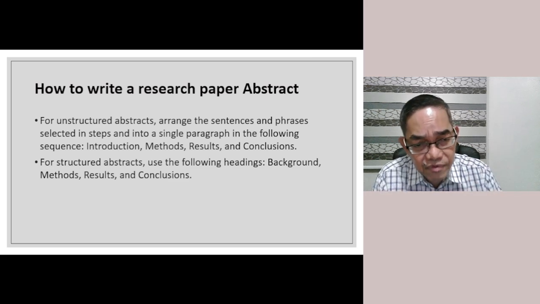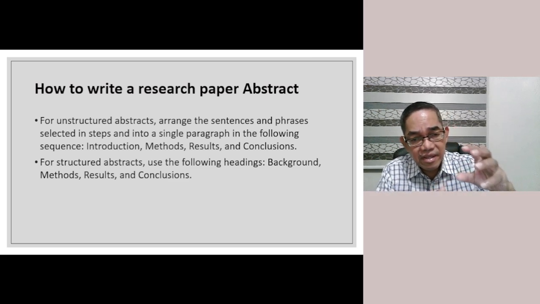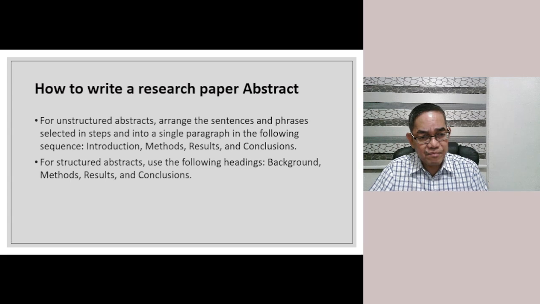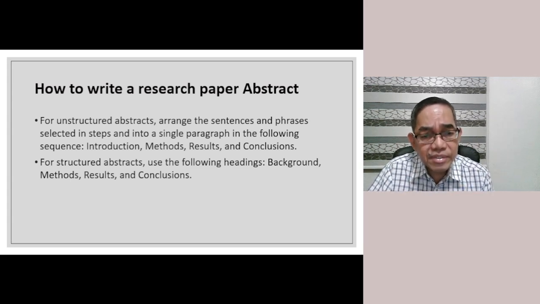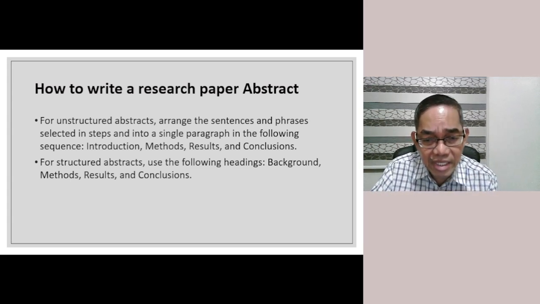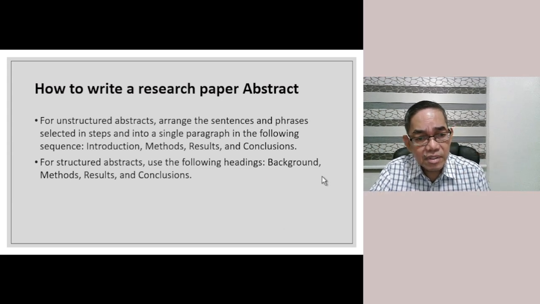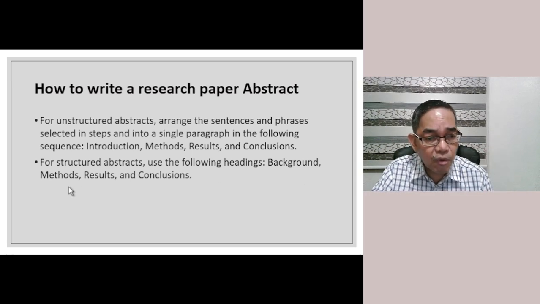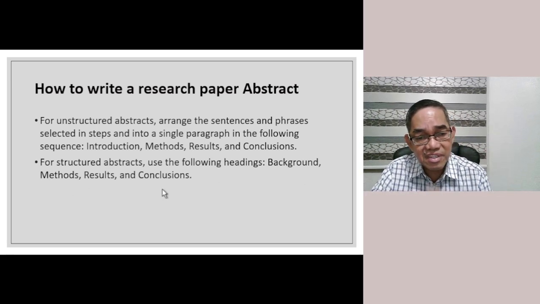So you don't really have subheadings for this. All of this is just in one paragraph. Now, for structured abstracts, use the following headings. You have some headings: the background, including the objective of the study, the methods, the results, and the conclusion.